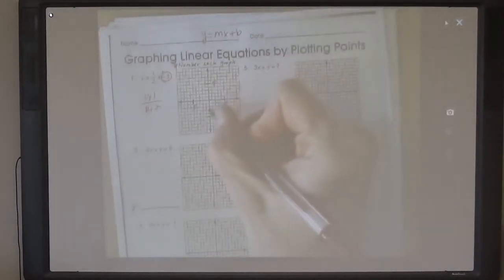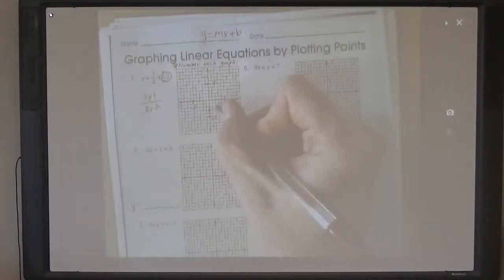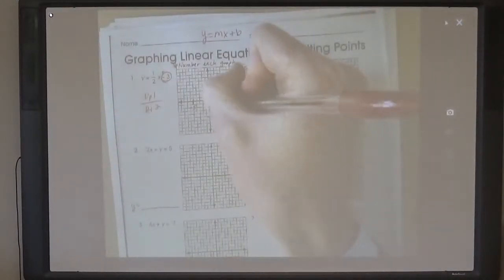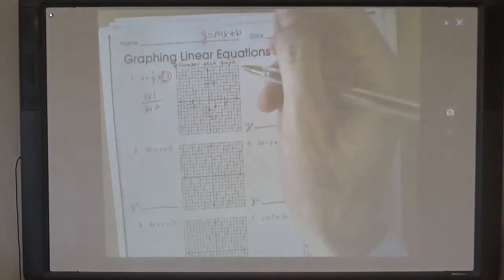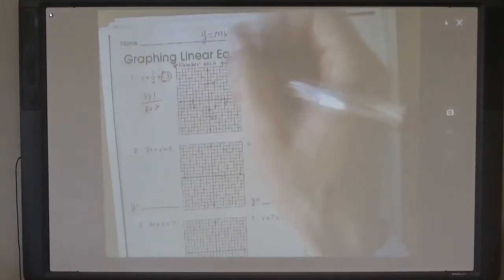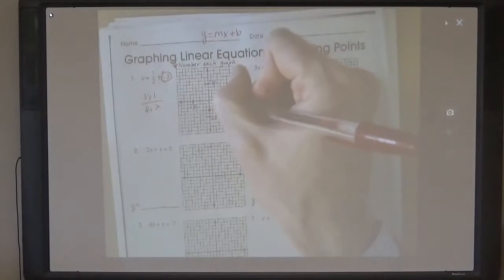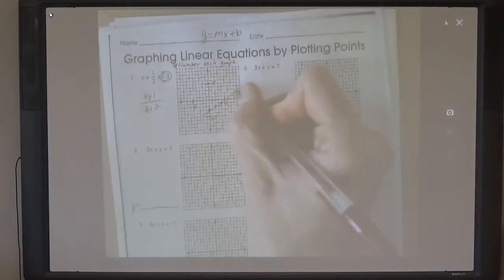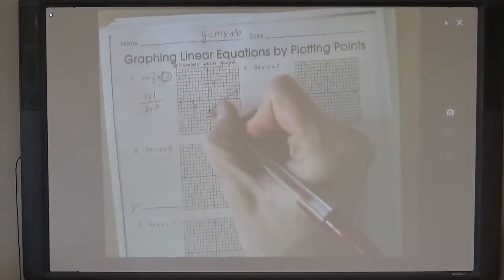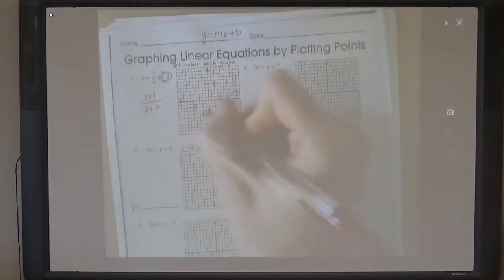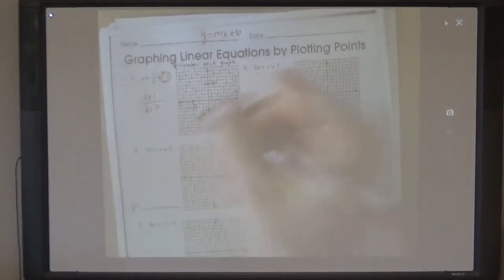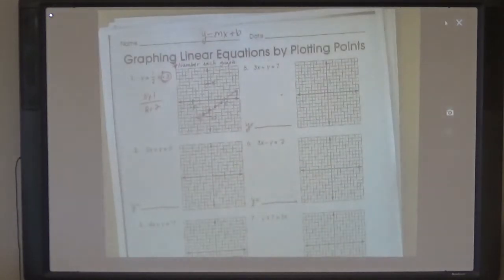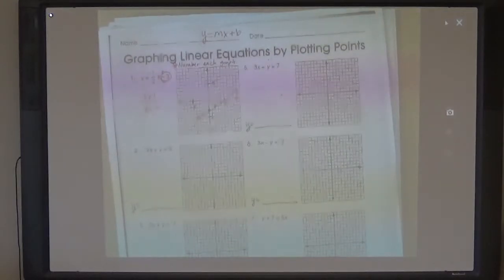Start at -3, go up 1 and right 2, and mark the next point. You can mark another point if you want from there, because the slope will follow that same pattern. Up 1, right 2. We could go down 1 and we could go left 2. The line will follow that same pattern. Whatever the slope is, that's the pattern that it follows.